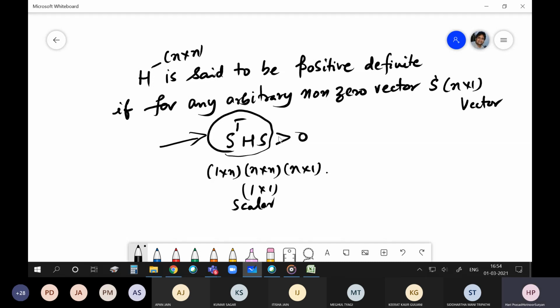If this condition gets satisfied for any arbitrary value of S, that is, if S transpose H S is greater than 0, then the matrix H is called positive definite.